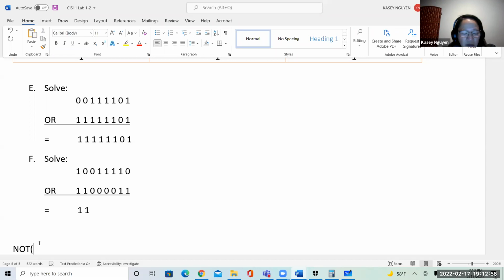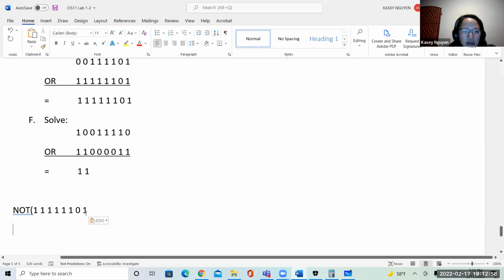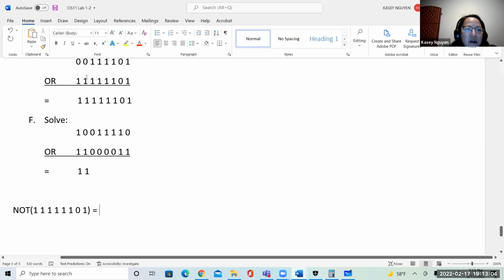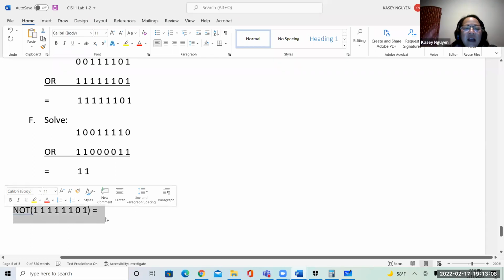Can't seem to be very coordinated today. So when we NOR the values, it will just go to the next step, where it would be NOT the OR, okay?